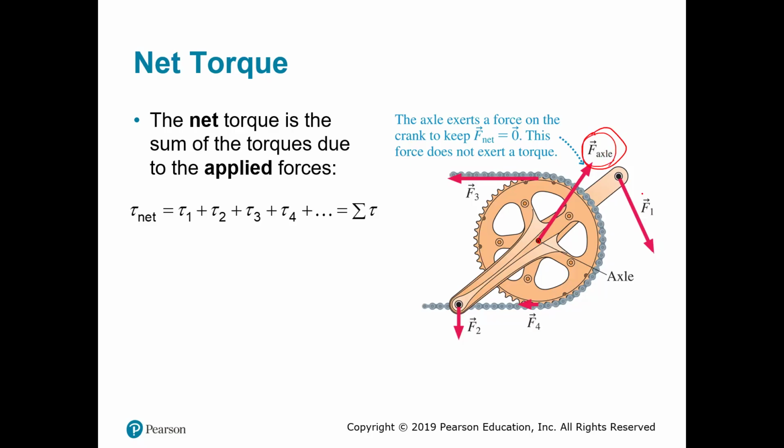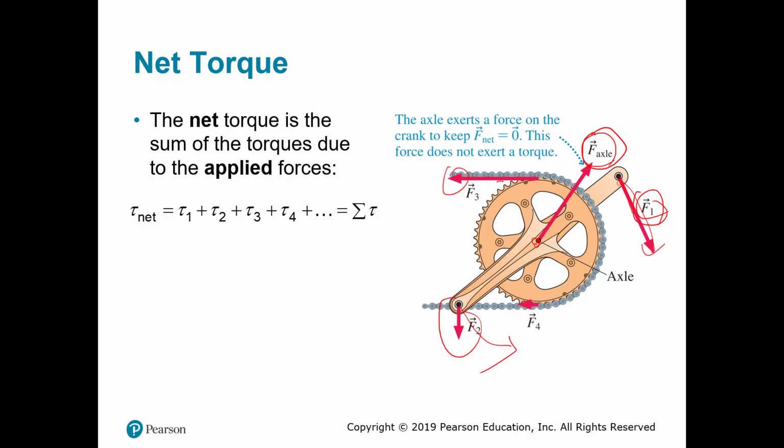And how about F1? If you apply force this way, and this is your hinge, then what will happen? The gear will rotate this way, which is clockwise, so this one will give you negative torque. How about F2? This one will rotate the gear this way, counterclockwise. So F2 will give you positive torque. And how about F3?